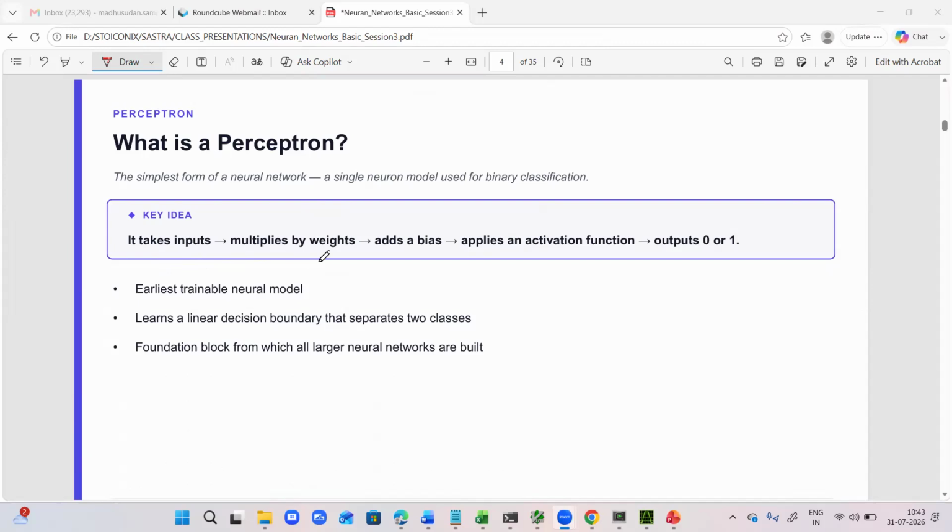You give certain importance to certain inputs, and how much importance you give is decided by the weights. Then there is going to be a bias, which we will see in a bit. The input is multiplied by the weight, the bias is added, and it goes through an activation function, and finally you get an output which is binary, a 0 or a 1.